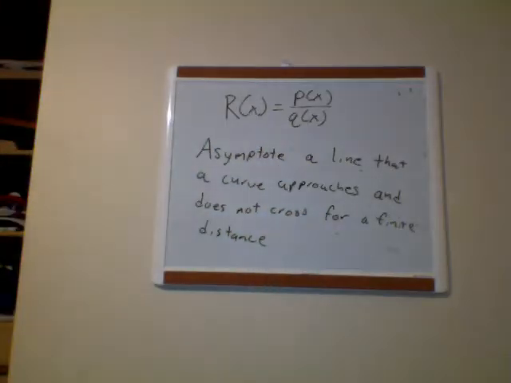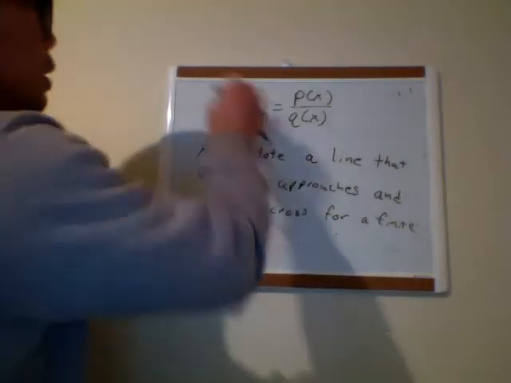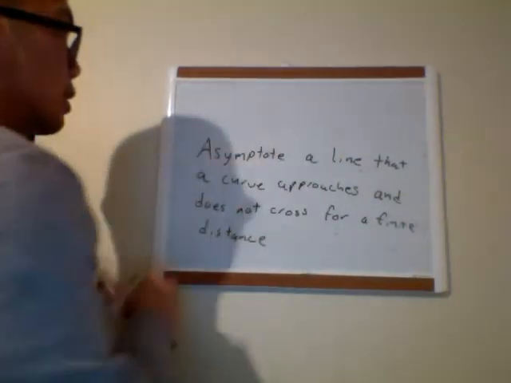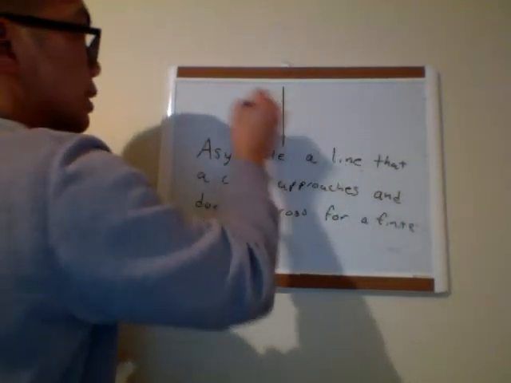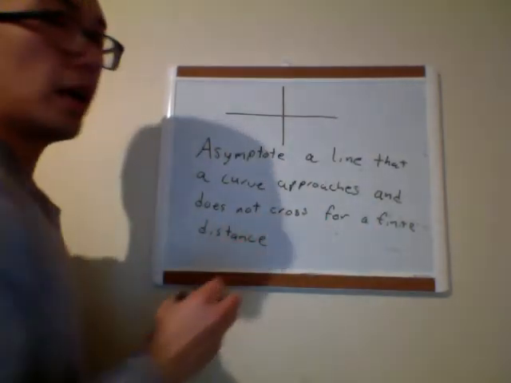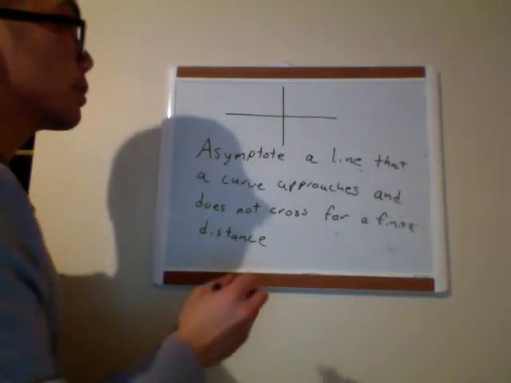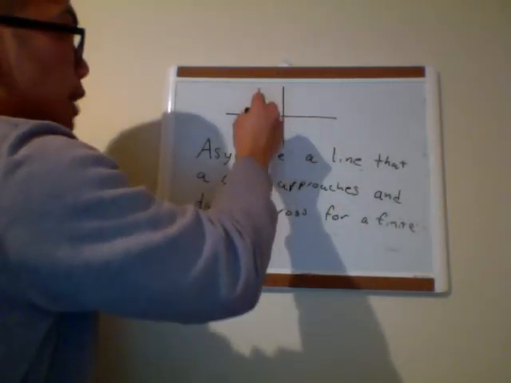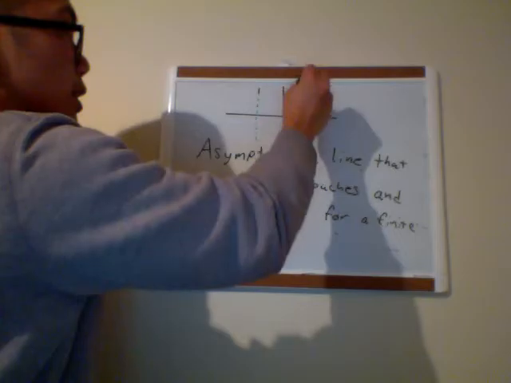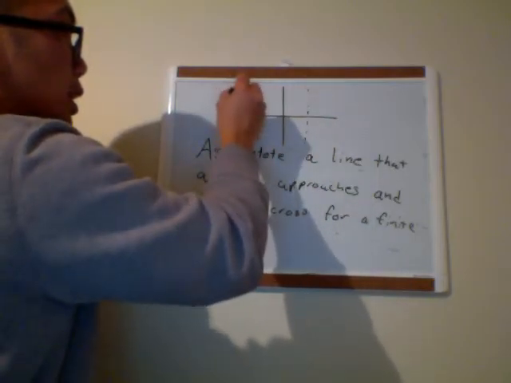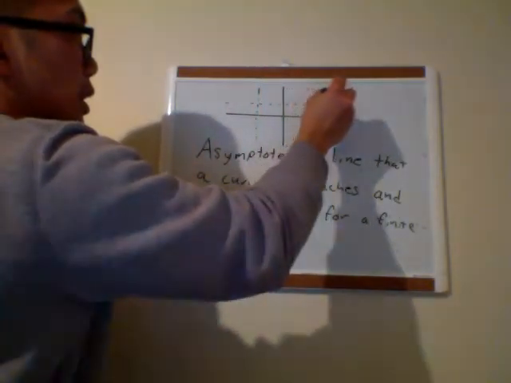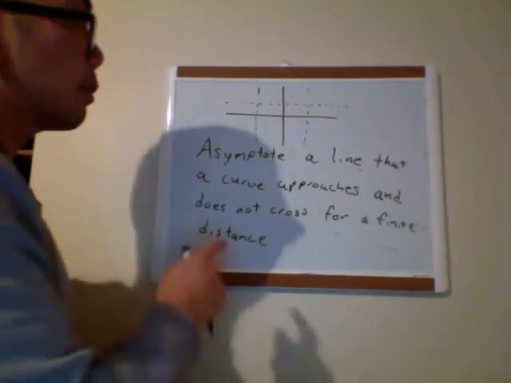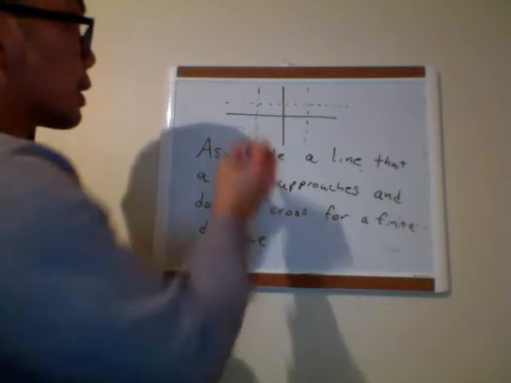So what does that mean? What does it look like? Well, when I graph something, let's pretend this is my coordinate plane. I could have what are called asymptotes. They are imaginary lines that my curve will not intersect. So for example, my rational function could look like something like this.